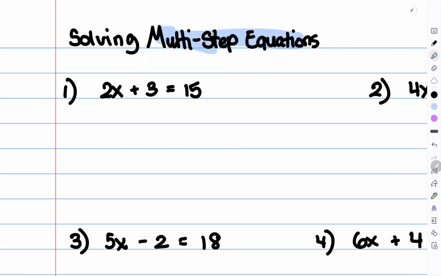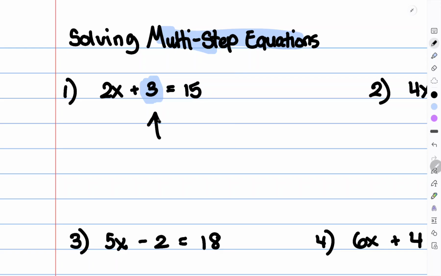In our last lesson, we did not have this number right here. We only had something like 2x equals 15. But now we're adding that 3 in there. So our first step is to completely remove the floater.